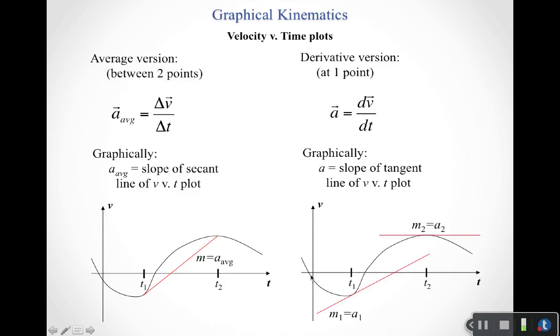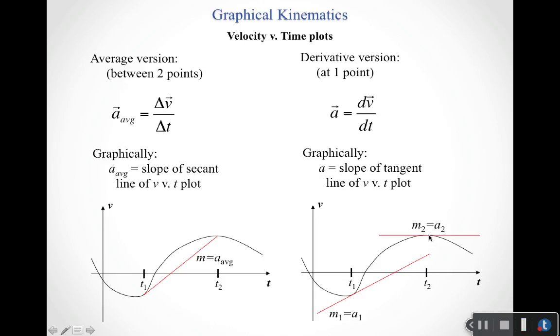The derivative version says, if you want to know what's going on at one point, pick your point, here t1, and draw the tangent line to your velocity versus time curve at that point. So this is now showing the speed of an object as it moves. The slope of the tangent to the velocity curve at t1 is going to be equal to the acceleration at that point.